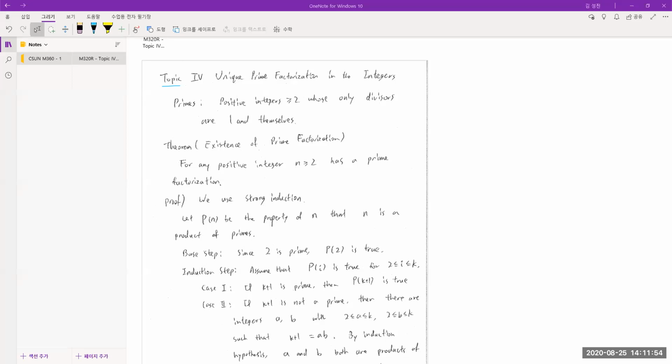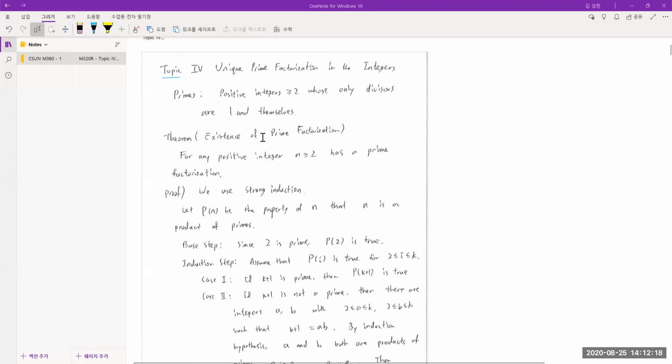It is the M320R topic 4, lecture 1. This is a part of the Math 320 notes that I have taught, since it has a lot of overlap with chapter 1 of the Math 360 book. So I will use this note to lecture out of this topic.